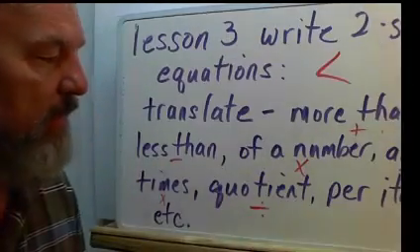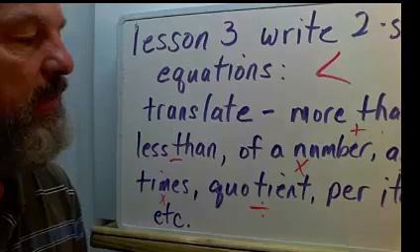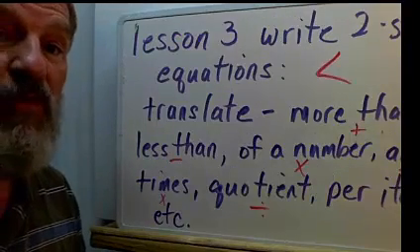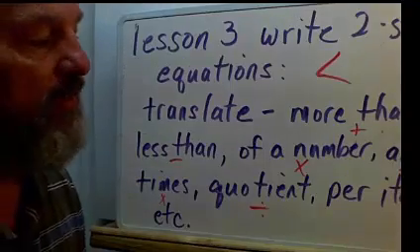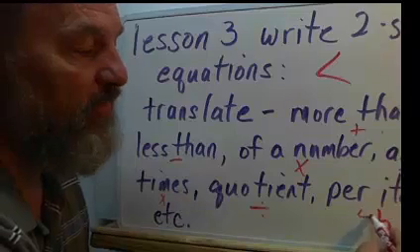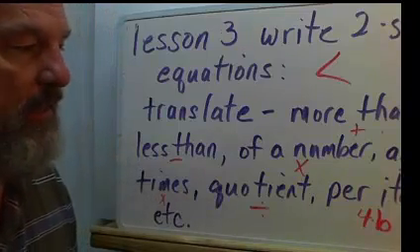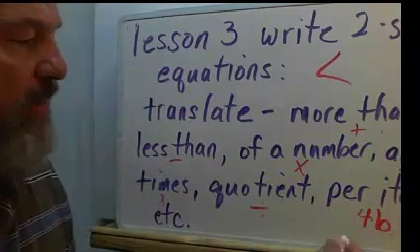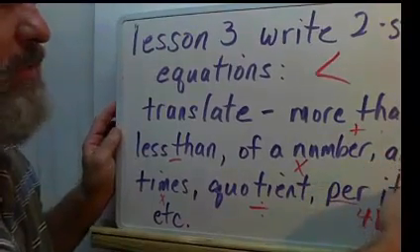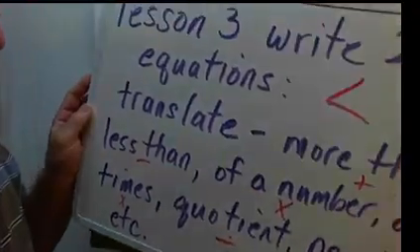Quotient is division. I'm going to talk a little bit more about that in a minute. Per item: if Big Macs are $4 per Big Mac, and I use B to represent a Big Mac, $4 would be 4 times B. This is about multiplication whenever you see the word per. We might have some other words that we need to decode as well later on.